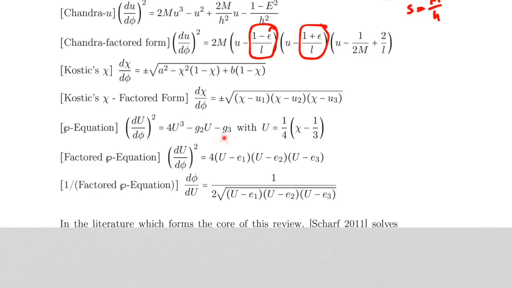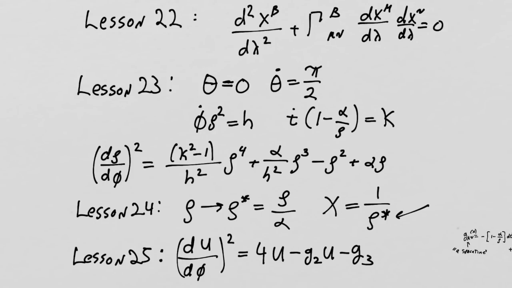this p equation. This p equation requires a substitution that is known from advanced algebra, and we discussed that in depth, I think, in lecture 24. I'm sorry, I meant lesson 25.